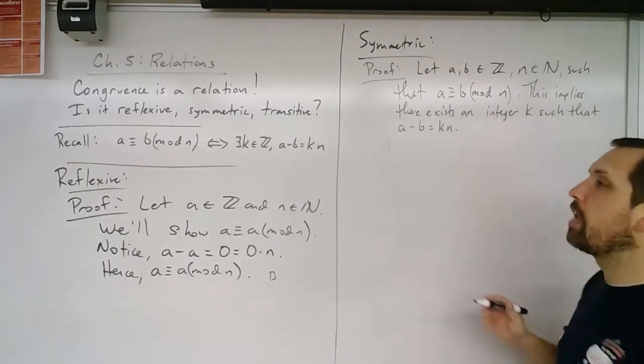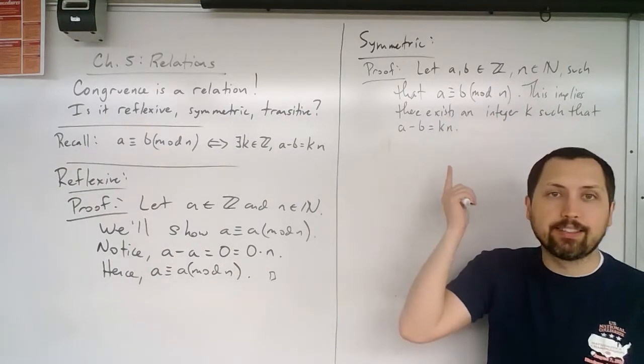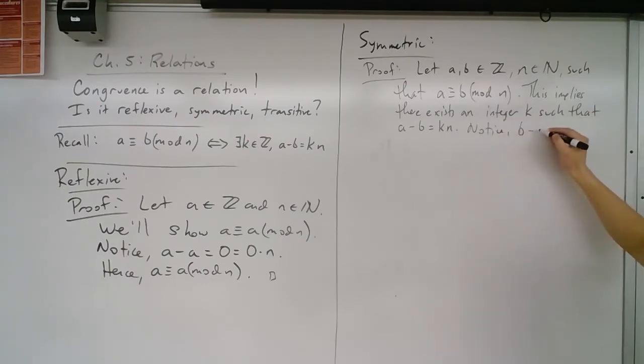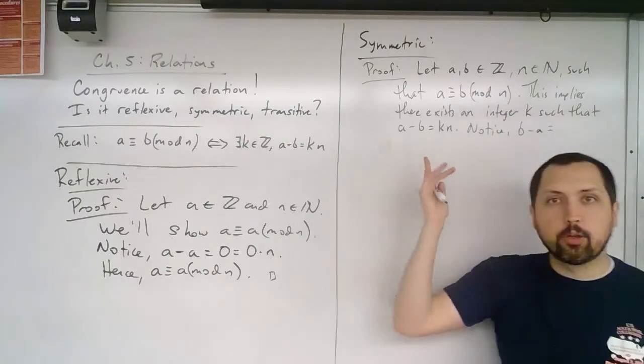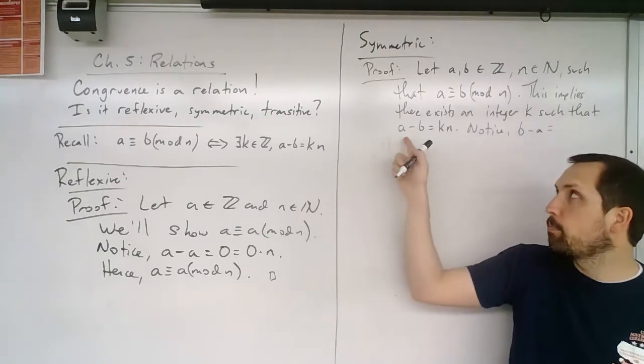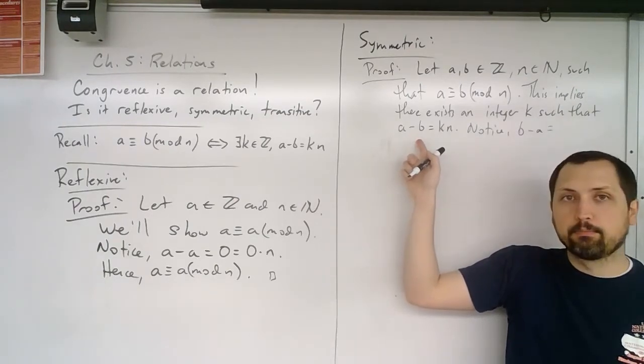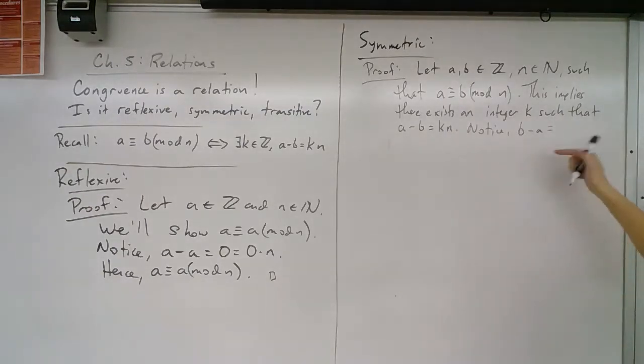So indeed, now all we do is we just say, okay, what about b minus a then? So notice that b minus a, if I flip these two, I'm just multiplying by a negative, right? If I multiply this by negative 1, I get negative a plus b, or b minus a. So notice b minus a is equal to negative kn.